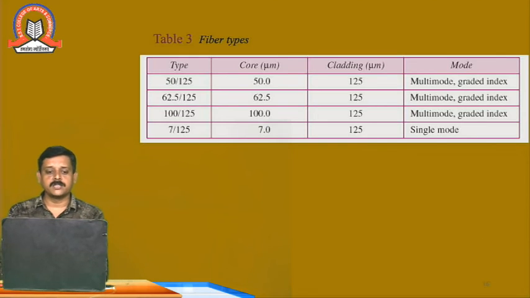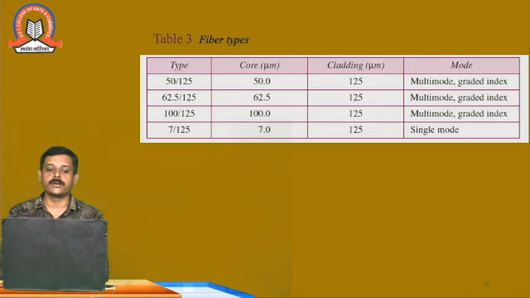As you can see, there are 4 different types of fiber optic cables: 50/125, 62.5/125, 100/125 and 7/125.